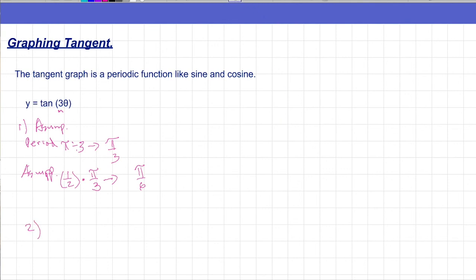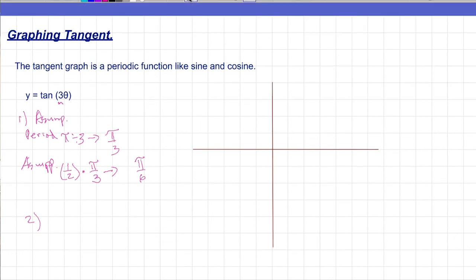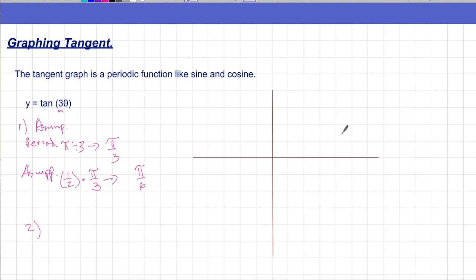Before I get going any further, I'm going to start to create my graph here. X-axis, y-axis, and then what I like to do is draw that first cycle and have it be split between the positive and negative.